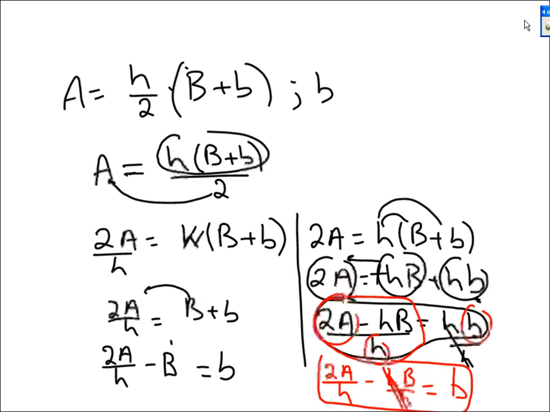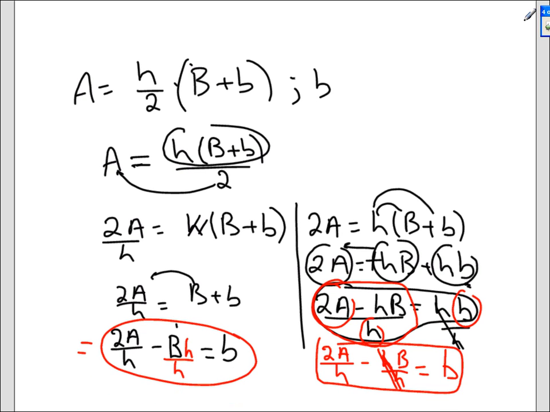And that's what I have over here. And if you want to get common denominators, you multiply by 1, h over h. And then you can say, oh, denominators are the same, in subtraction you keep them the same. But of course I didn't do that. And then you get 2A minus big B times h over h.